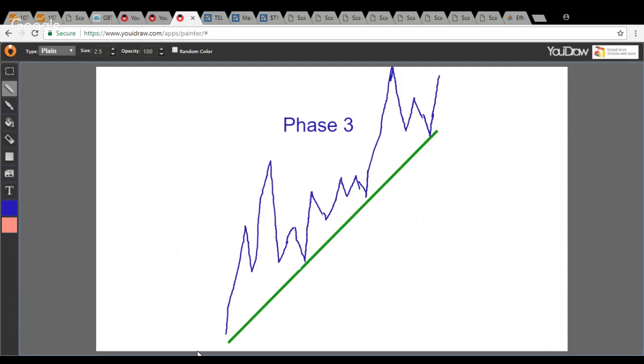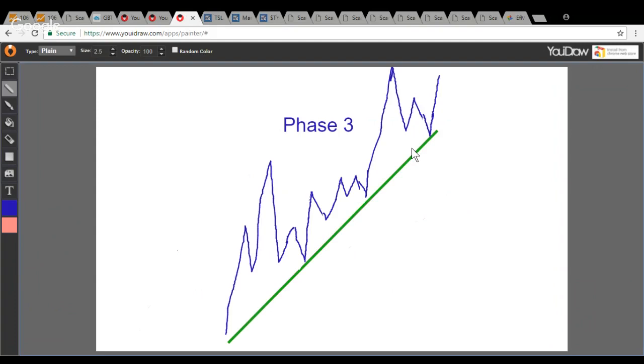After you get a phase 3 and you have several taps on that phase 3 line, your probability of this going into phase 4, 5, 6, and 7 goes up to about 85%. 85 out of 100 times that something enters a phase 3 following a phase 2 following a phase 1, only 15 out of 100 are going to fail.